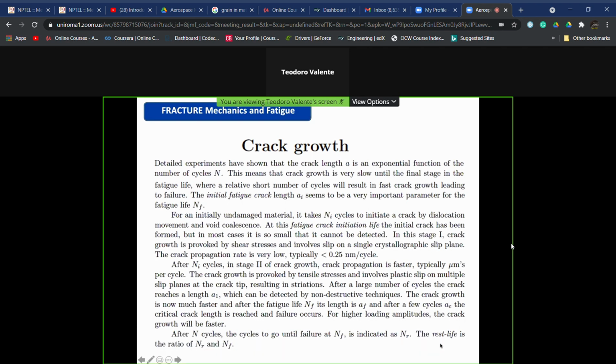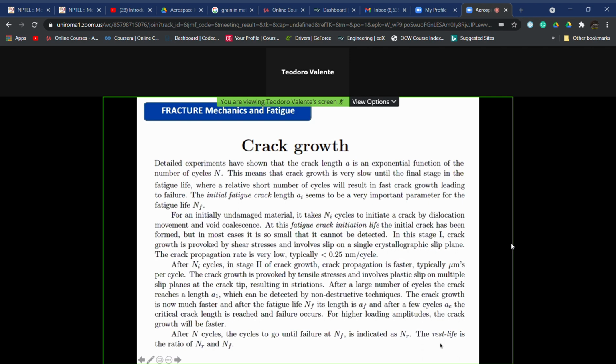And this means that the crack growth during fatigue is very slow till the final stage in the fatigue life, where a relatively short number of cycles can result in fast growth of the crack itself, leading thus to failure.